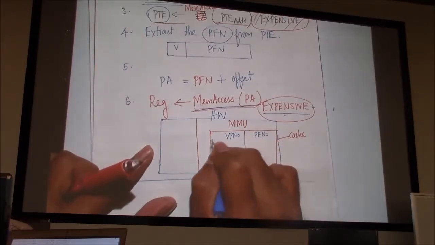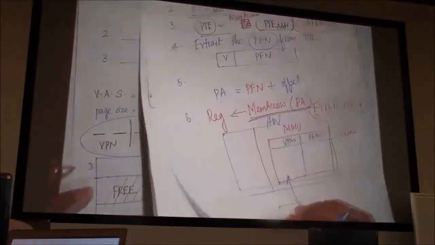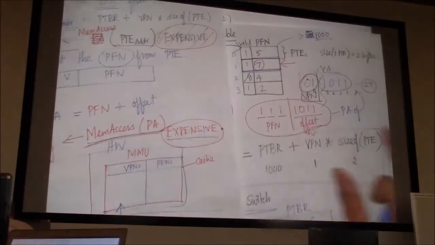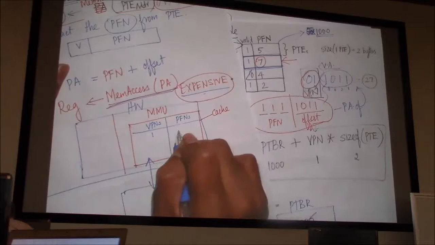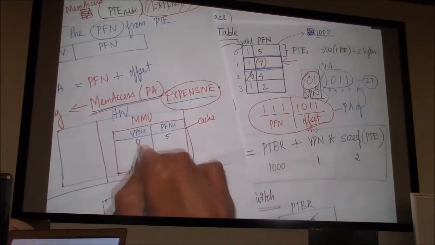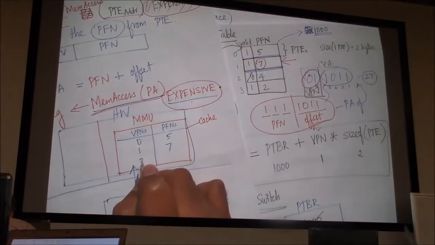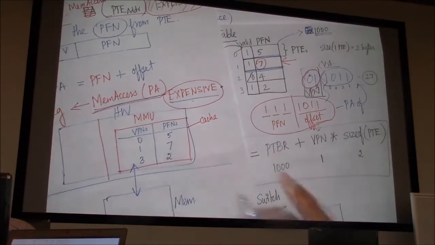For the example page table that we had, 0 is mapped to 5, 1 is mapped to 7, 2 is not mapped anywhere, so it will not be here, 3 is mapped to 2.